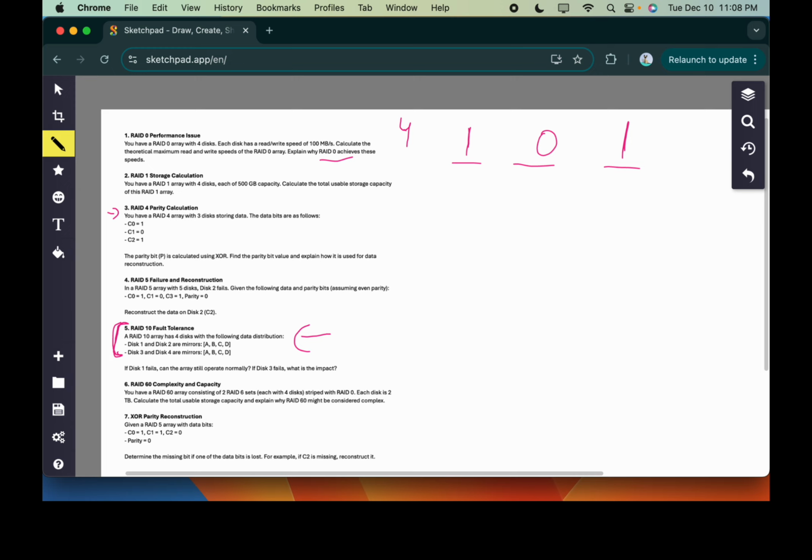The parity bit is calculated with XOR. Find the parity bit value. If the amount of ones is even, it's 0. If the ones are odd, it's 1. How many ones are there? 2. It's even. Parity bit is 0.